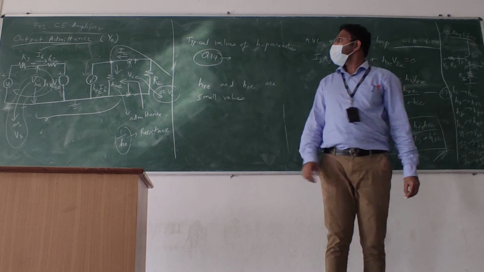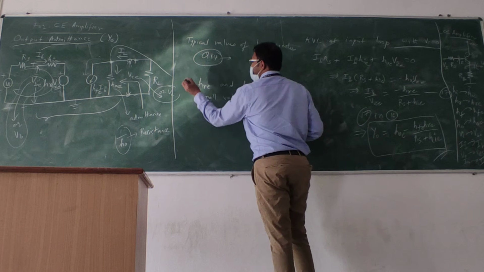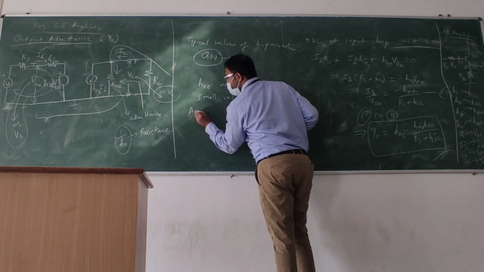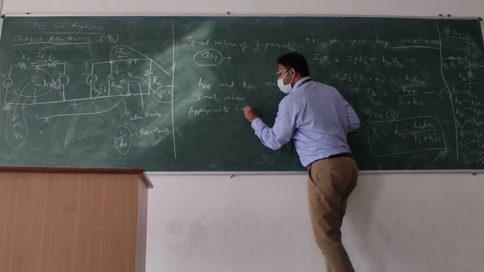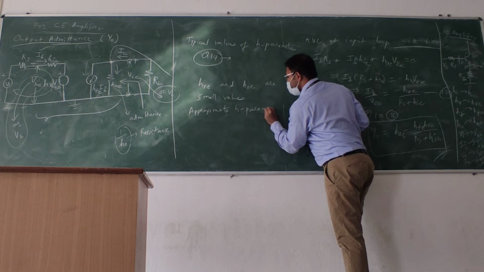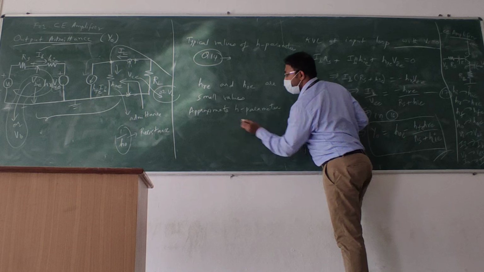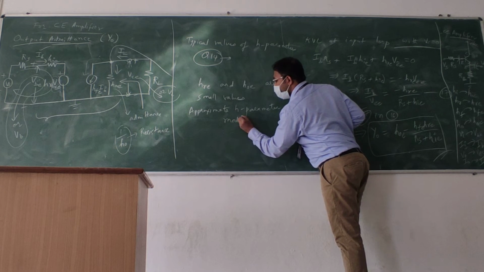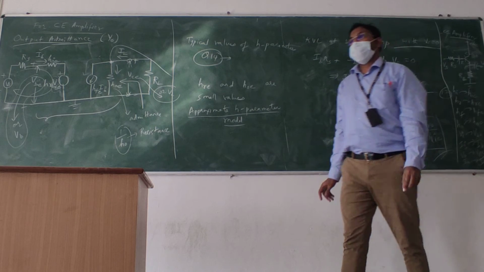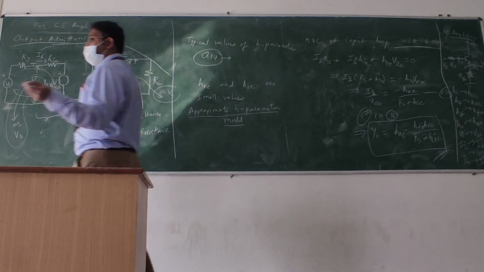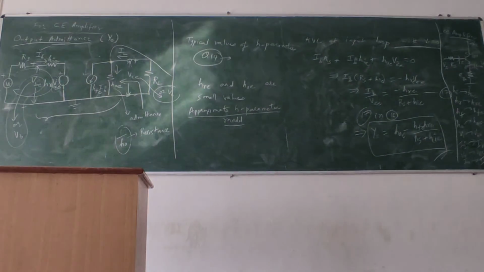So we are now going for the approximate H parameter model or approximate hybrid model for the transistor.